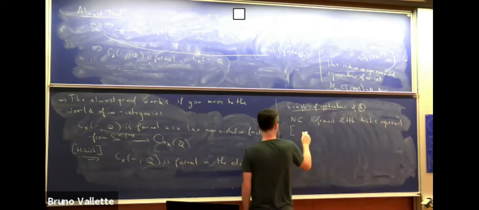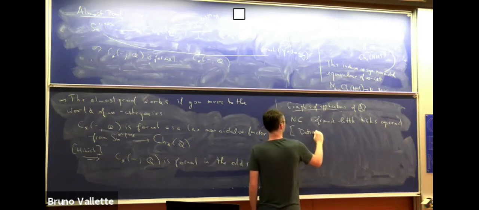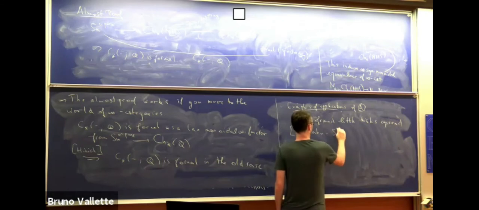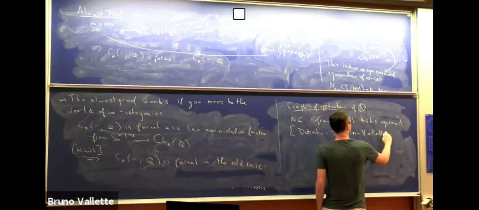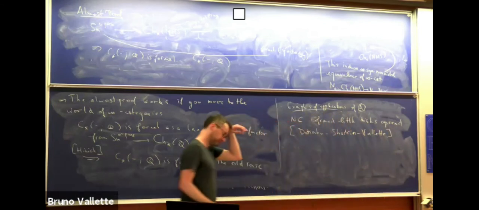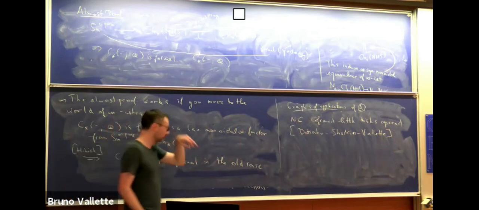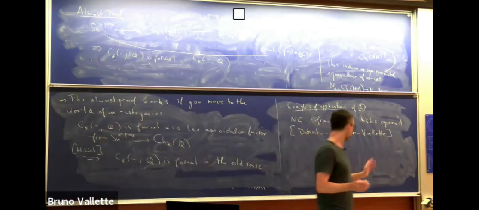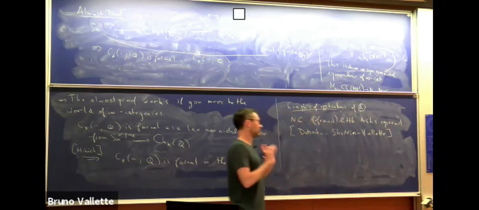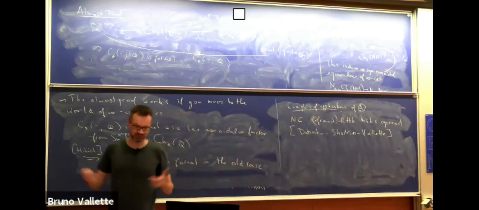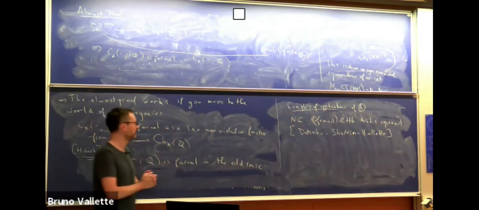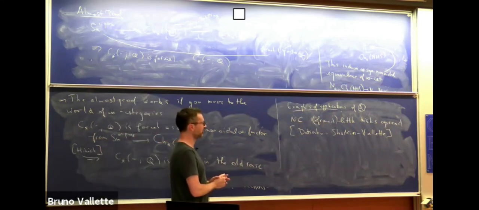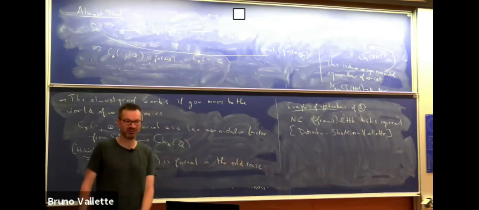That's an operad that was introduced by Dotsenko, Shadrin, and Vallette. It's a non-symmetric operad, and the non-commutative little disks operad is just, in arity n, a product of n minus 1 copies of the circle, and the operad structure is a bit silly. You just insert copies of the circles.